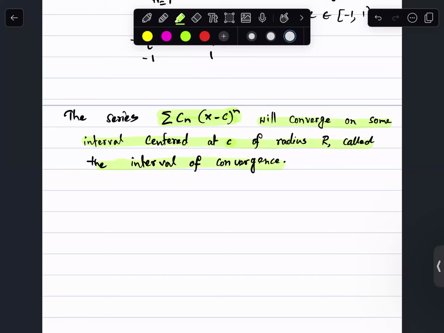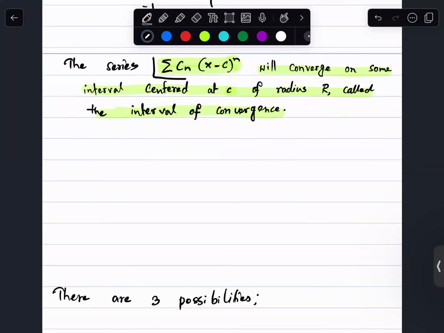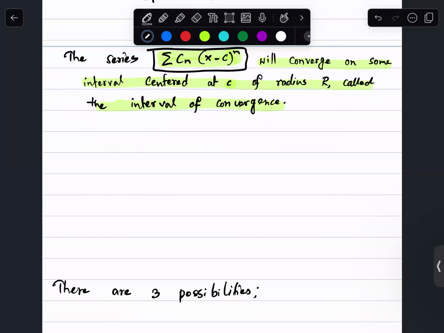So basically, what this is saying is, say you have a series like this, okay? Then what is the interval of convergence? You can see that c is the center for this series. So say c is here in the number line. Then you will find an r.